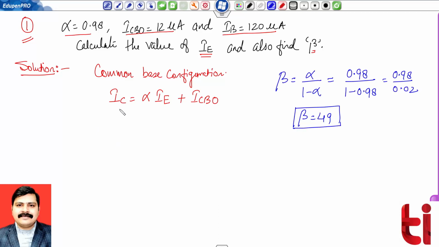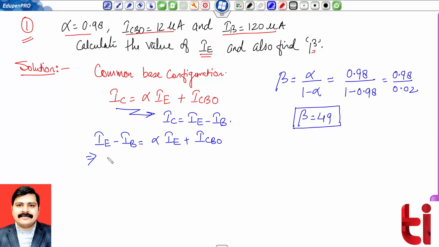If I am replacing this IC with the formula IC equals IE minus IB, then IE minus IB equals alpha times IE plus ICB naught. Effectively, we can rearrange the terms.